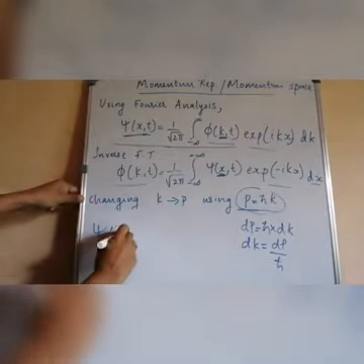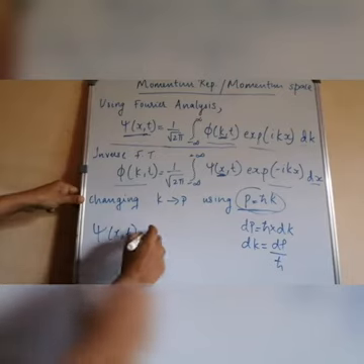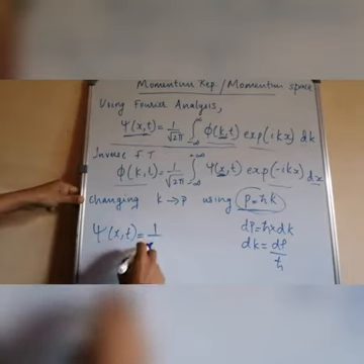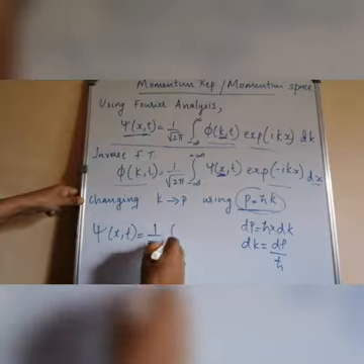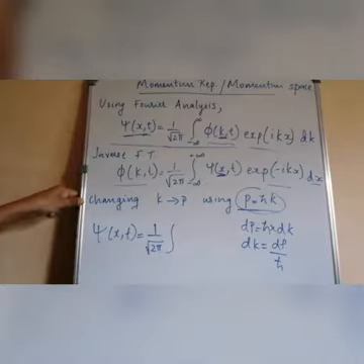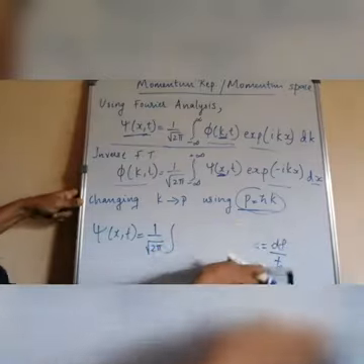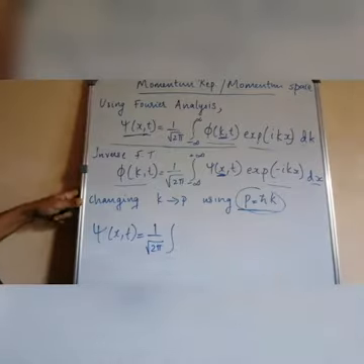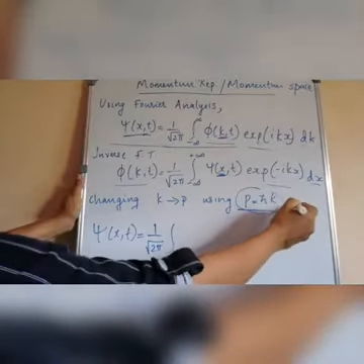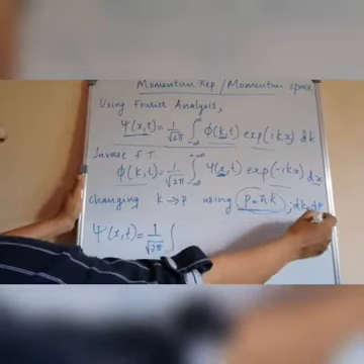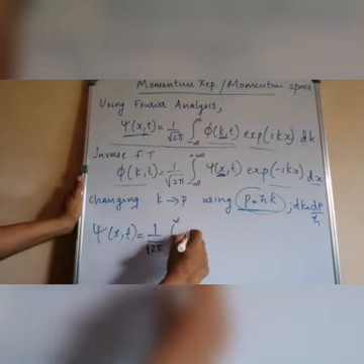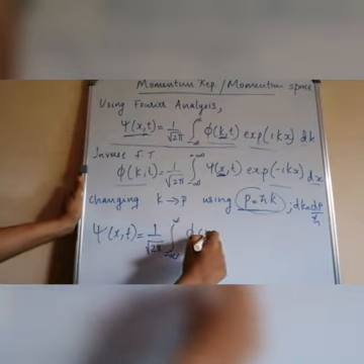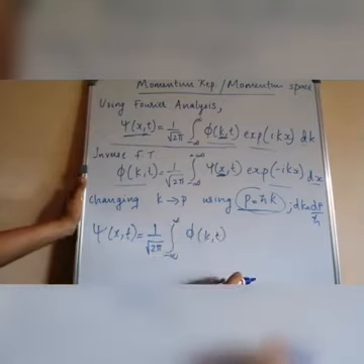Psi of x comma t is equal to 1 by square root of 2 pi, integral, I'll write it here, dk is equal to dp by h cut. So integral minus infinity to plus infinity, phi of k comma t.